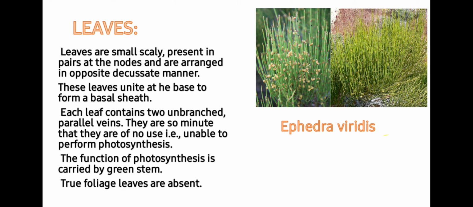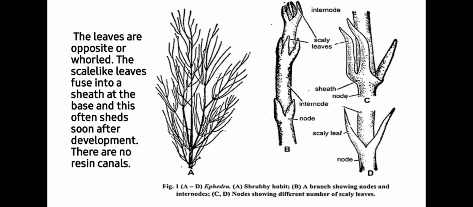These leaves unite at the base to form a basal sheath. Each leaf contains 2 unbranched parallel veins. They are so minute that they are of no use, unable to perform prominent photosynthesis. The function of photosynthesis is that's why carried out by the green stem, as true foliose leaves are absent.